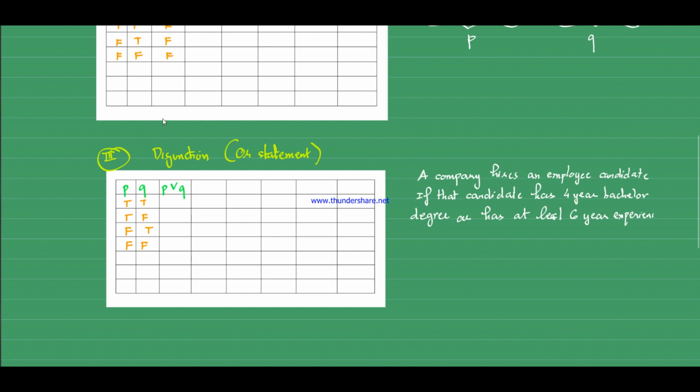So we have two statements, P and Q. P is the 4-year bachelor degree. That's P right there. And the 6-year experience is Q right here.